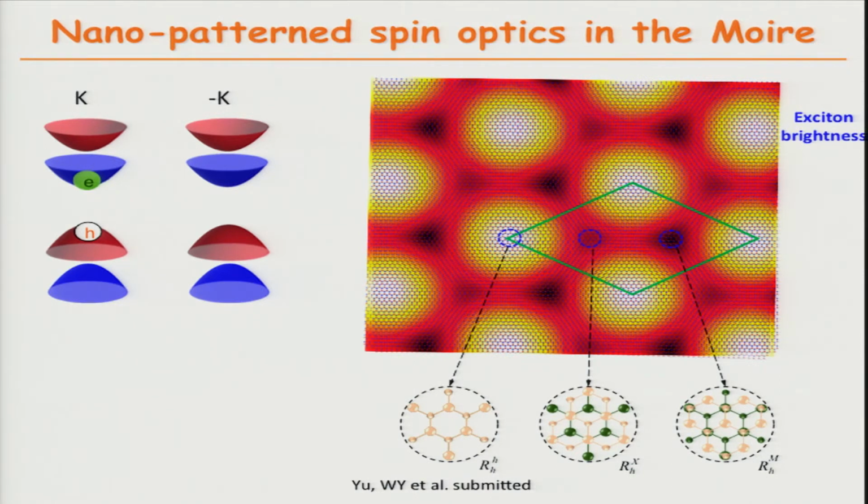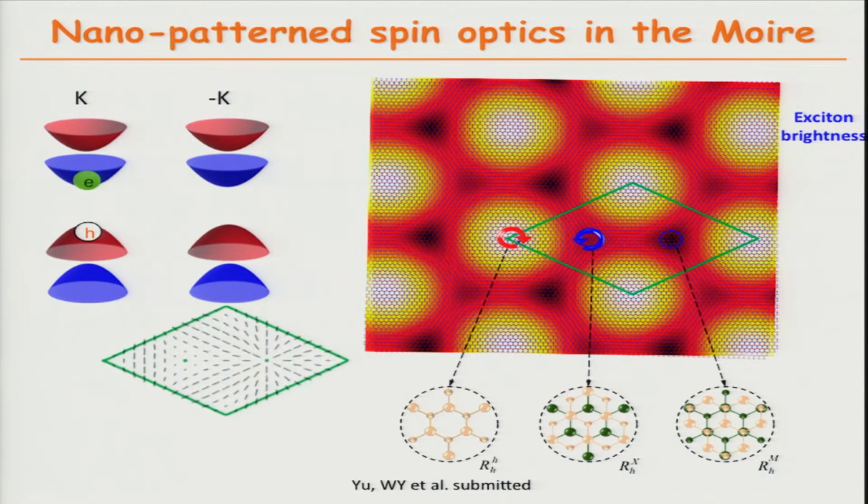At some regions you have bright couplings, but at this point photon emission is completely forbidden, based on the symmetry analysis in the previous slide. And the two regions here also correspond to different photon helicity for the same valley species.